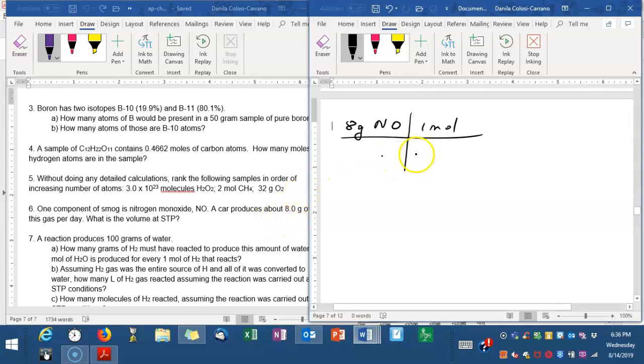Okay, so first of all, how many moles? And we need the moles because once we know that 1 mole occupies 22.4 liters, at that point, we're done. So this is 14 plus 16. This is 30 grams. So 8 divided by 30 times 22.4. So 5.97 liters.